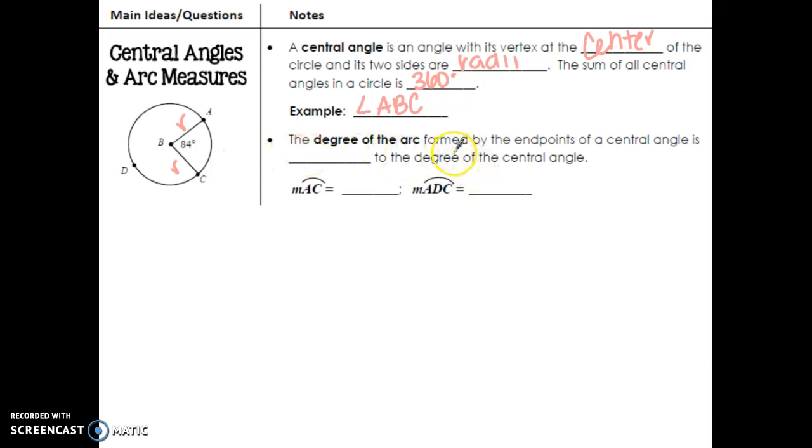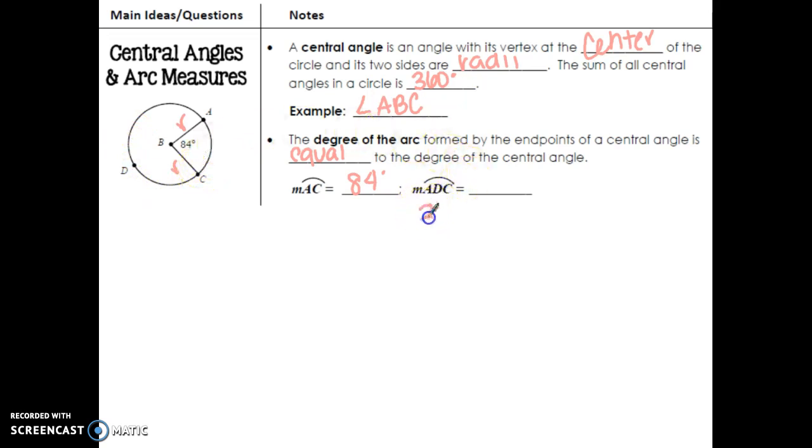The degree of the arc formed by the endpoints of a central angle is actually equal to the degree of that central angle. What that means is, for example, the measure of arc AC is 84. So it is equal to the central angle, and then ADC, that is just the rest of it.